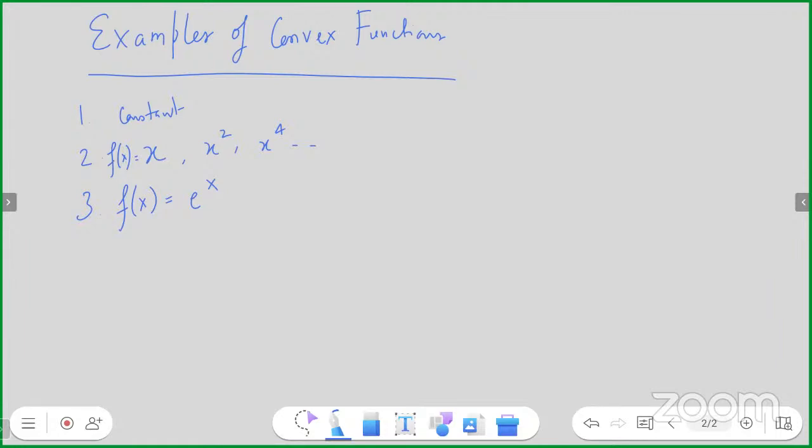Or any constant, it will be 1 by x. Okay, is 1 by x convex? Okay, x greater than 0, which is fine, right? By our definition, even if I restrict my domain to be x greater than 0, it's a convex set. Okay, is 1 by x convex? And why is it convex?